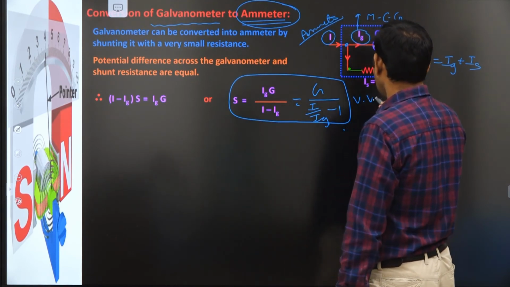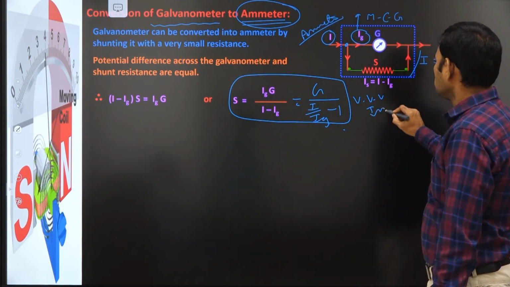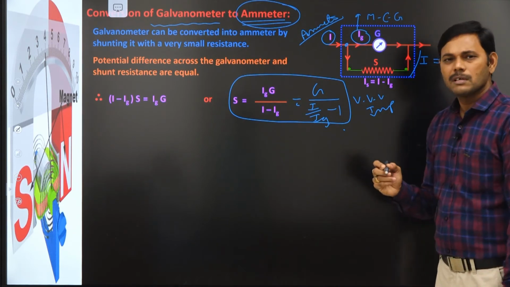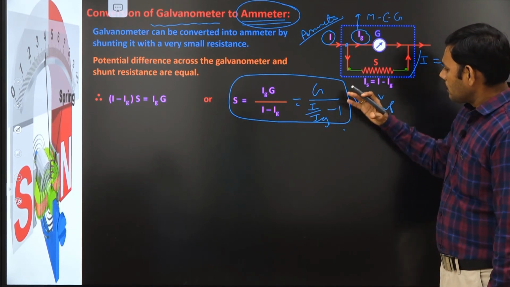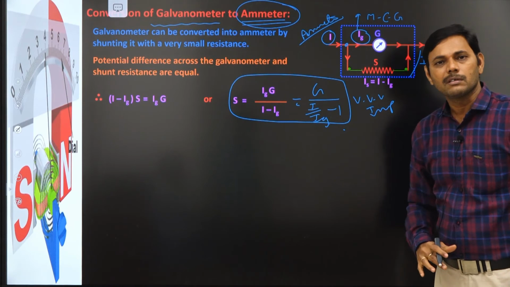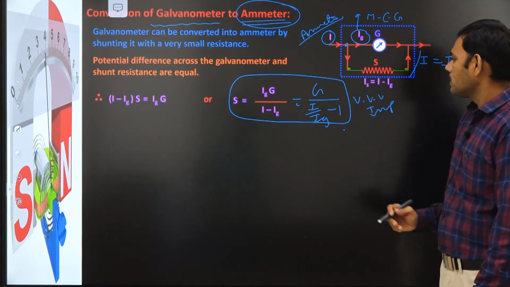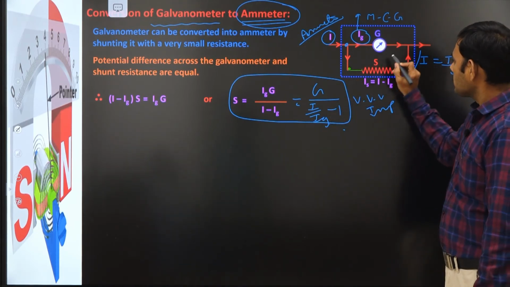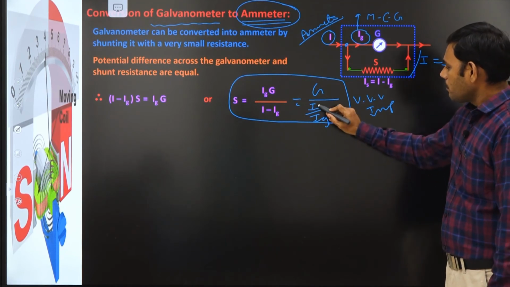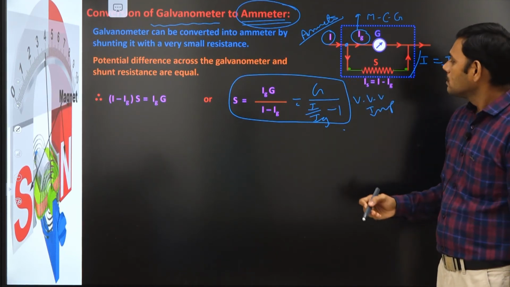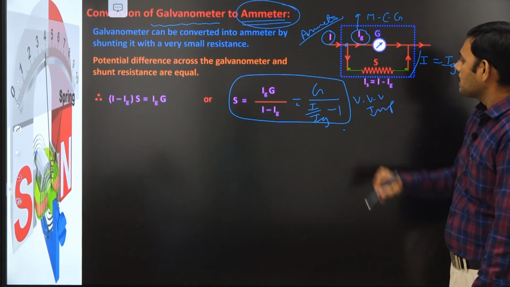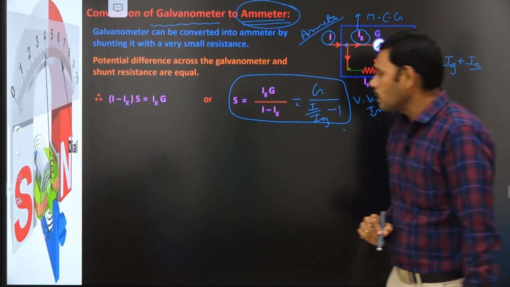This is a very important formula. Many times JEE Main problems are given on this simple equation. Though it is simple, it is very important. Iz is the maximum deflection current in the galvanometer, I is the maximum current measured by the ammeter, and the parallel resistance connected is S equal to Z by I by Iz minus 1.